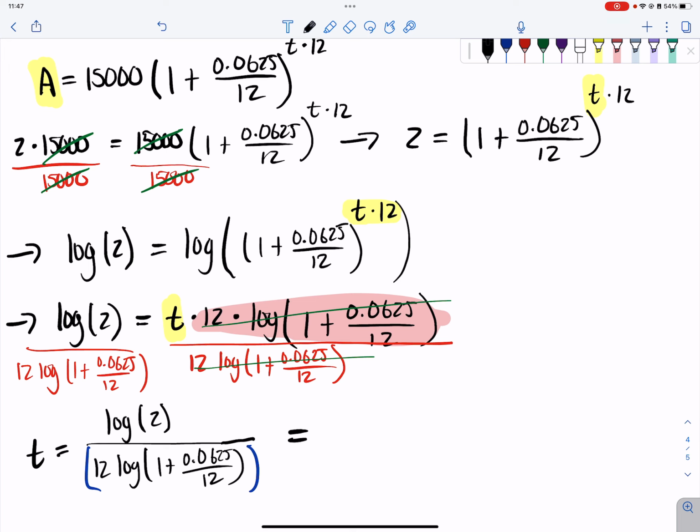So now we can input this into our calculator, and you should then get that t is going to be equal to about 11.12. And here I have written my exponential growth equation for t to be in years. So this would be 11.12 years for how long it would take for their $15,000 to become double that amount, $30,000.